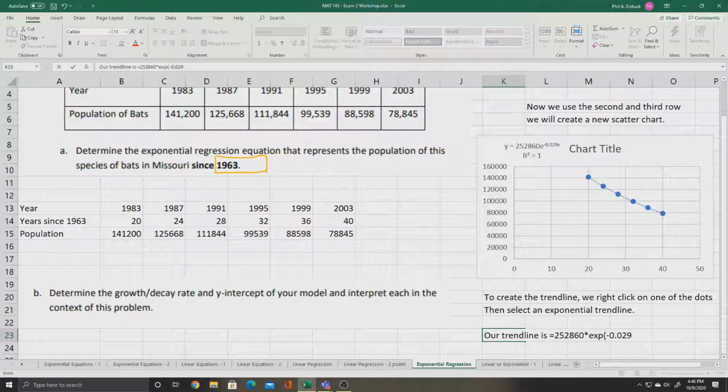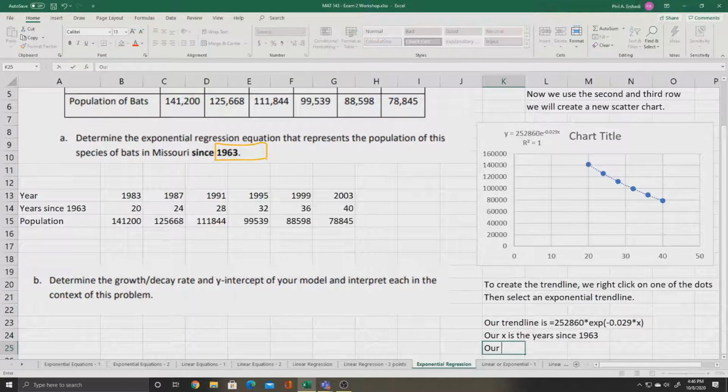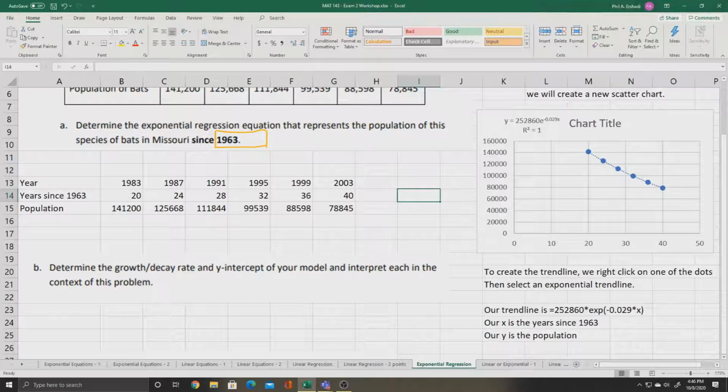Negative 0.029 multiplied by x. Also bear in mind that just like last time, our x is the years since 1963 and our y is the population. So I'll place an x here, a y here.